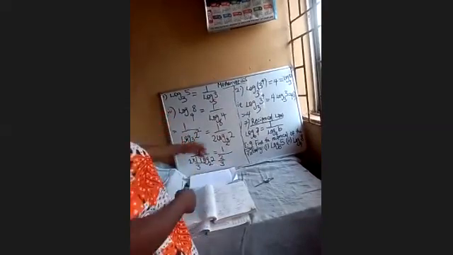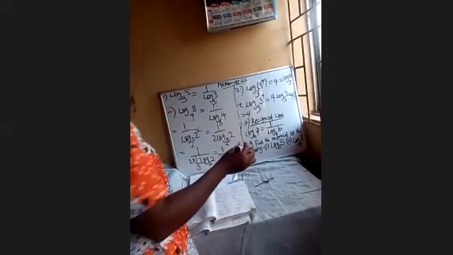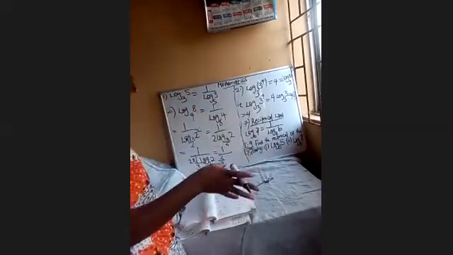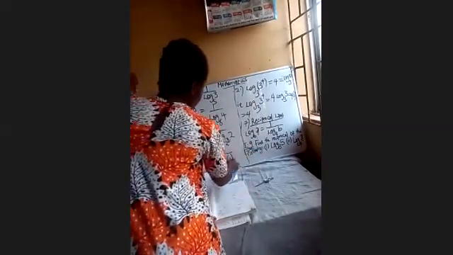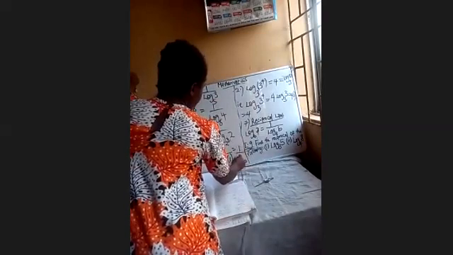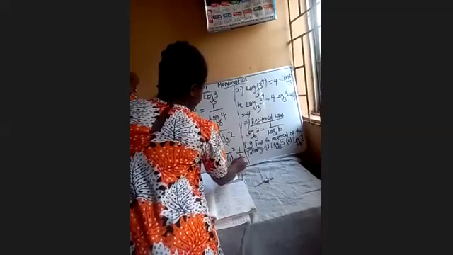So this becomes 1 over 2 times 1 over 3, 2 over 3. Logarithm of 2 to the base of 2 is 1. So this gives us 1 over 2 over 3, 1 divided by 2 over 3.